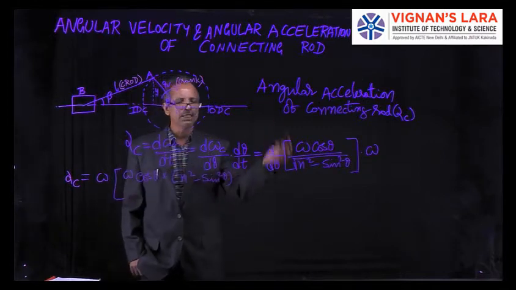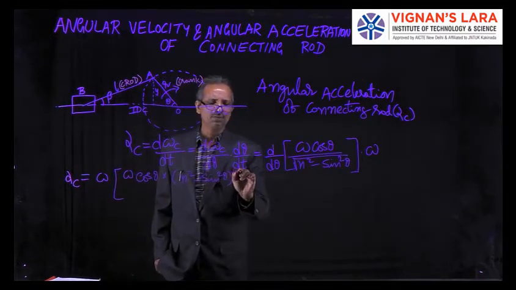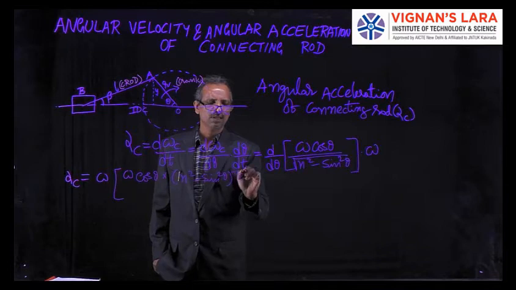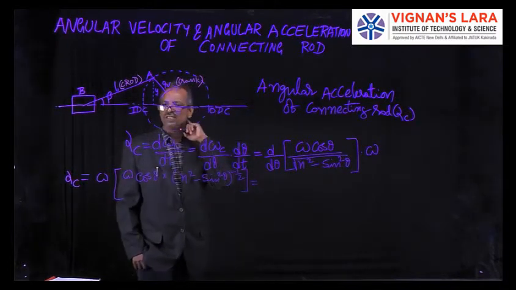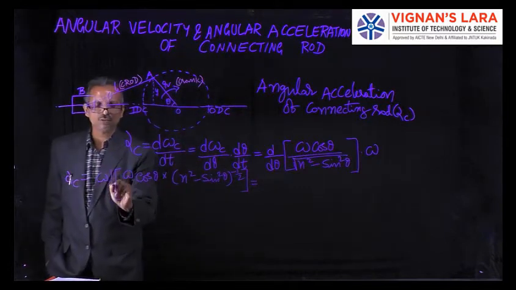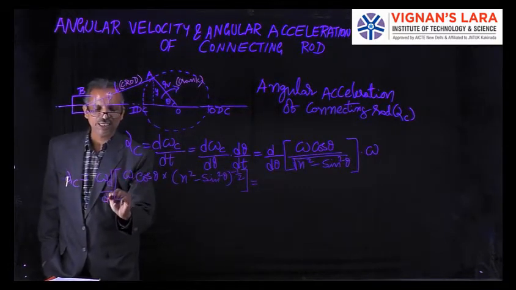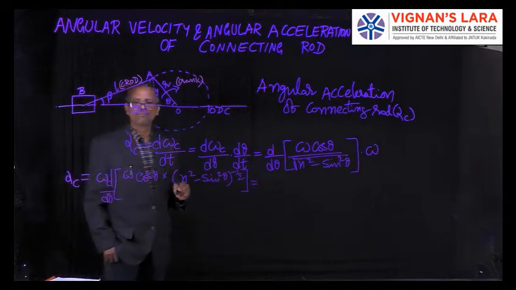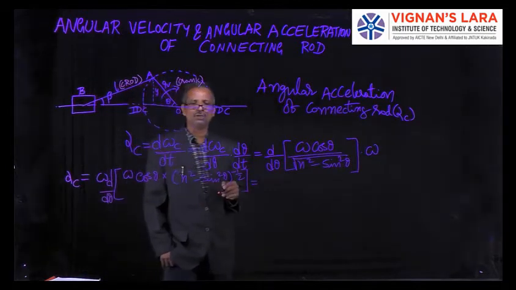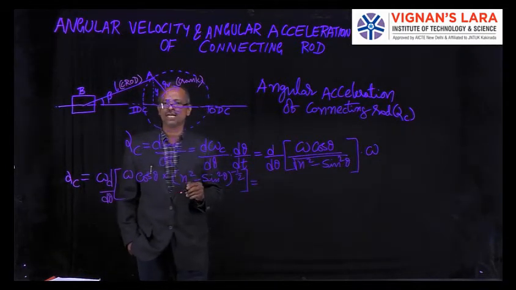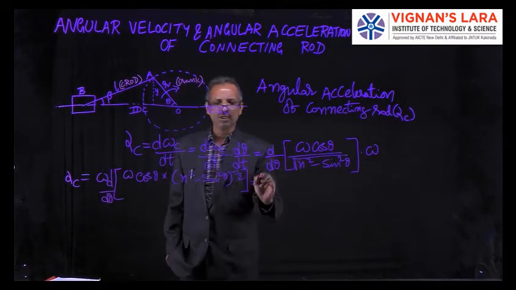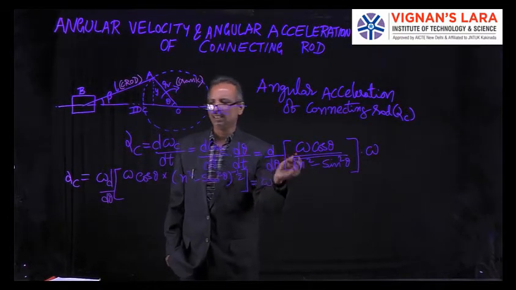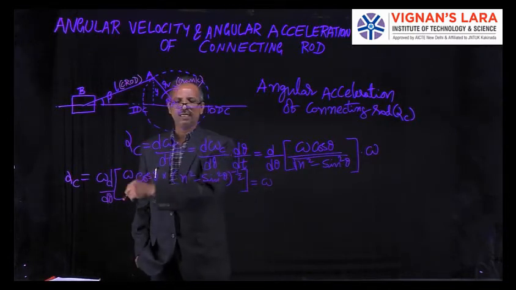If I take it in the numerator, this becomes minus half. So you can differentiate this with respect to theta, d by d theta. Okay, UV dash plus VU dash formula. So this omega, and this omega also I will take it out.